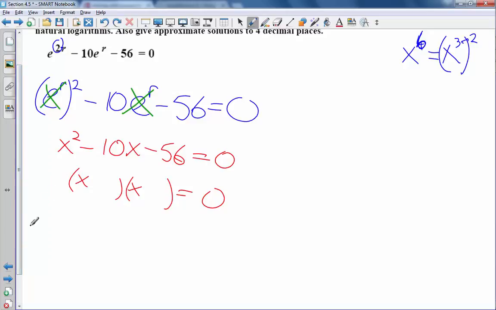No, it's not going to make 10. I thought 28 and 2. That's too far. And then 14 and 4 possibly can make minus 10 if I choose this minus, this plus. This way, minus 14 times 4 is minus 56. When I add them, it makes minus 10. That's how you factor it. Alright, let's set each into 0 and solve now.